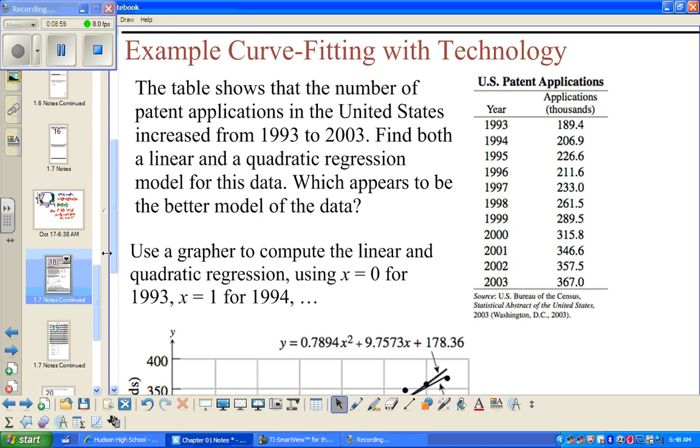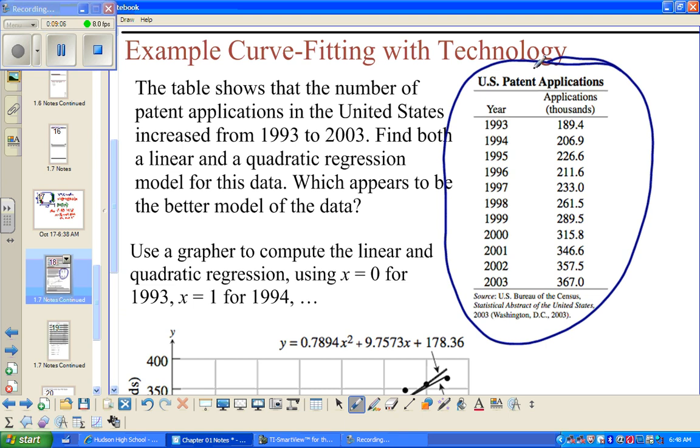So what you need to do right now is, in your calculators, look at this chart of data here. You don't need to type in these years as is, but you can start at just 0, 1, 2, 3, etc. for x, and then for y, you would put in these numbers as written.